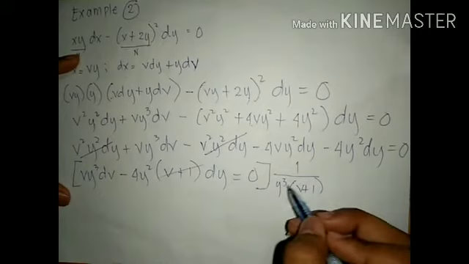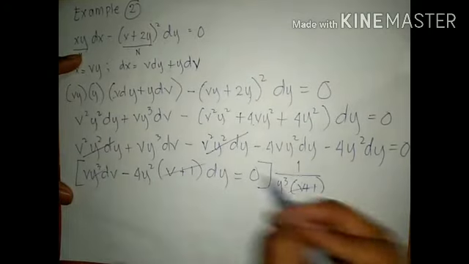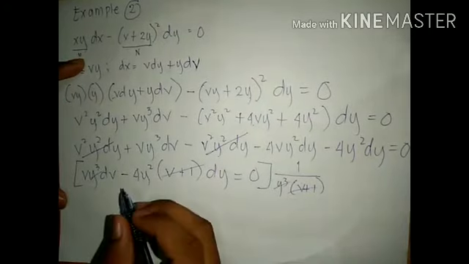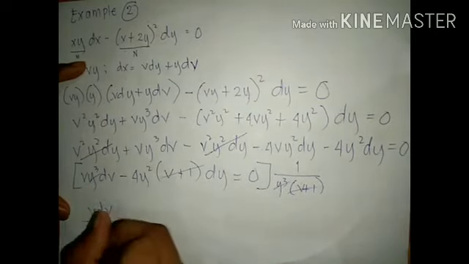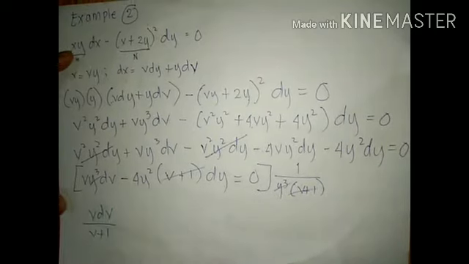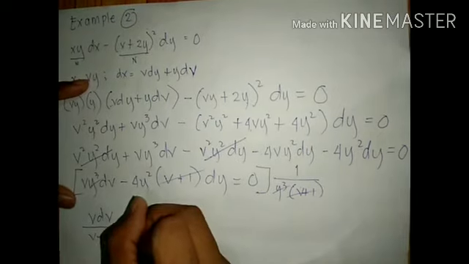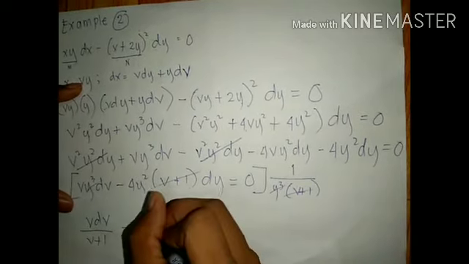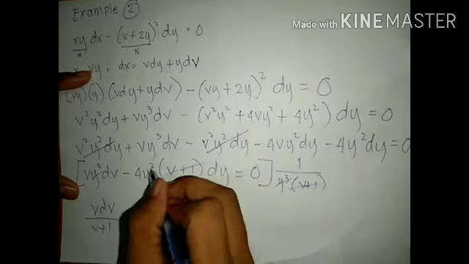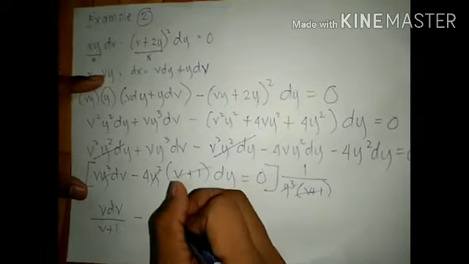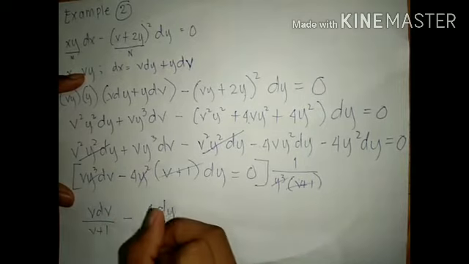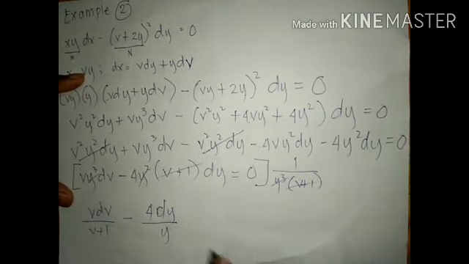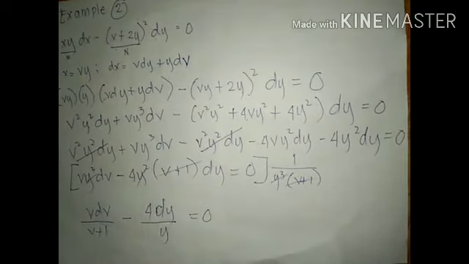So cancel out. So ang naibilin v dv over v plus 1 minus 4 dy over y is equals to 0.